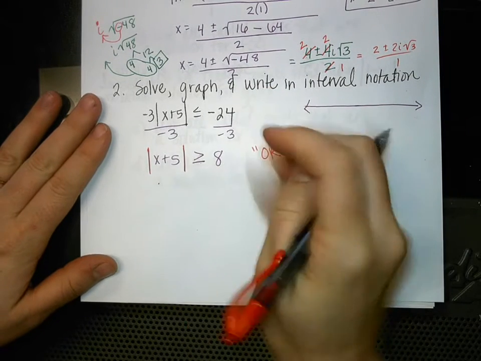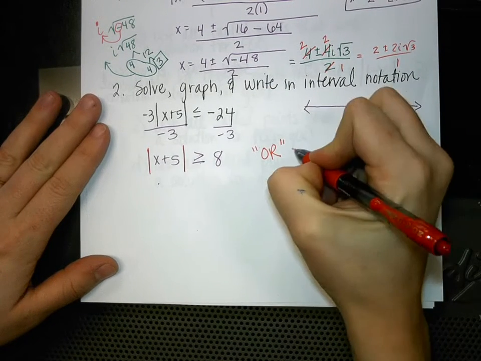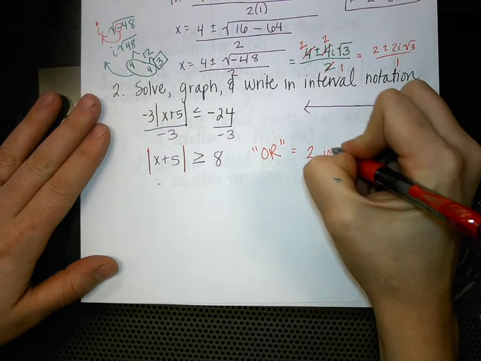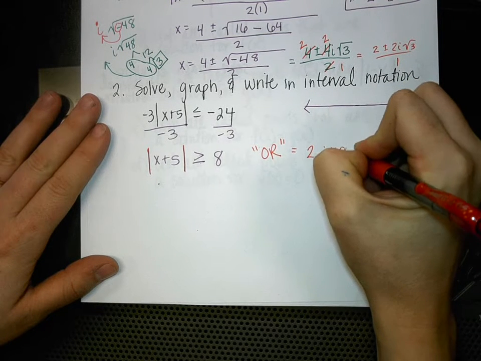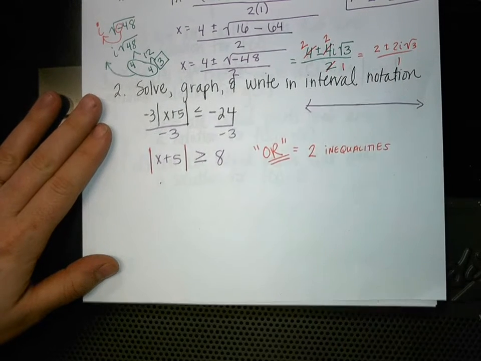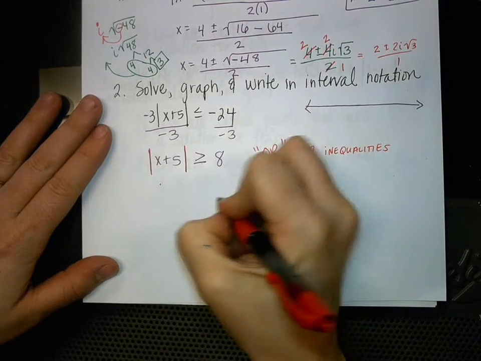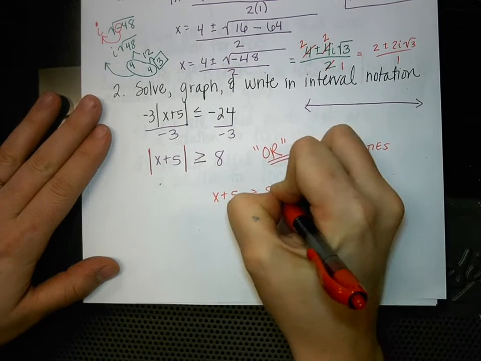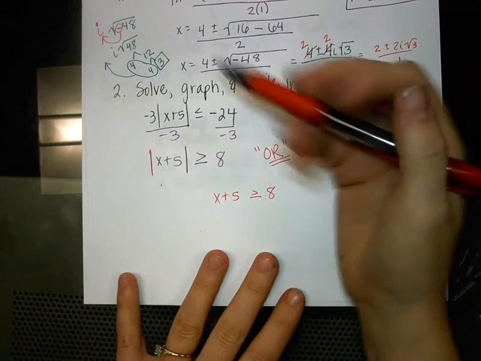So I am going to split this into 2 inequalities. You only split it for OR problems. So we're going to split this into x plus 5 is greater than or equal to 8. That is one of the things I'm splitting to.